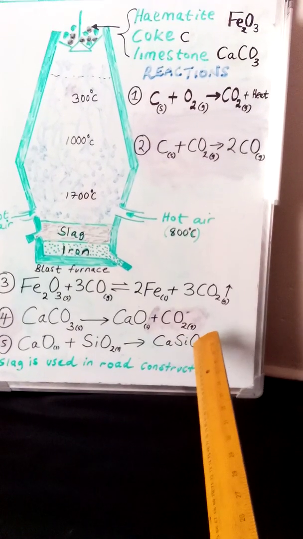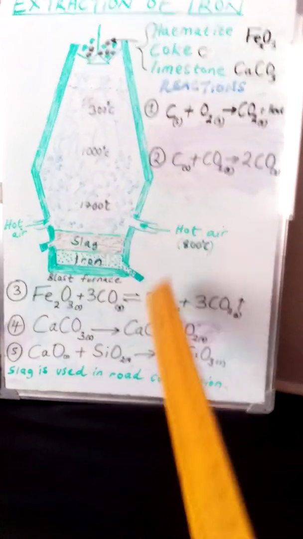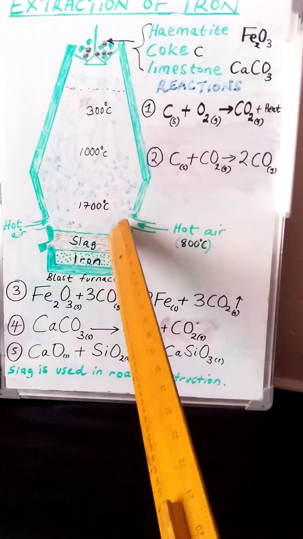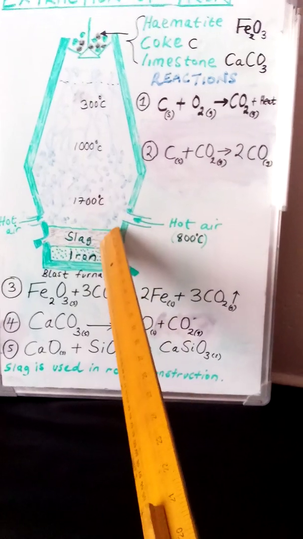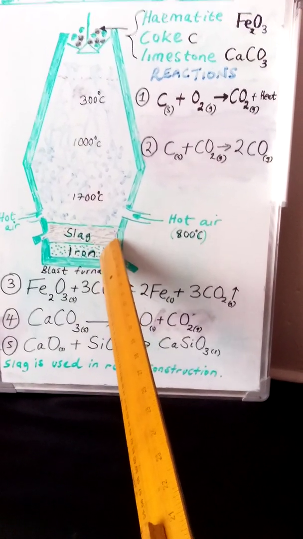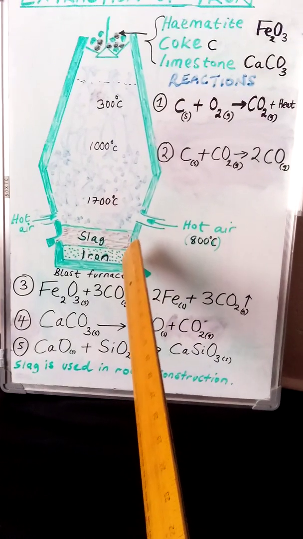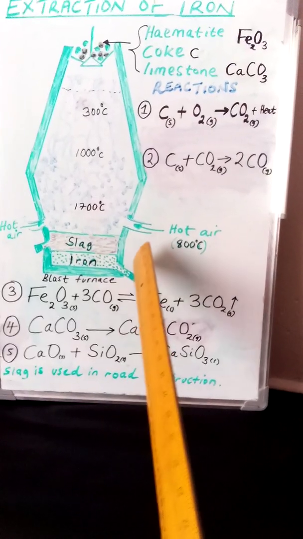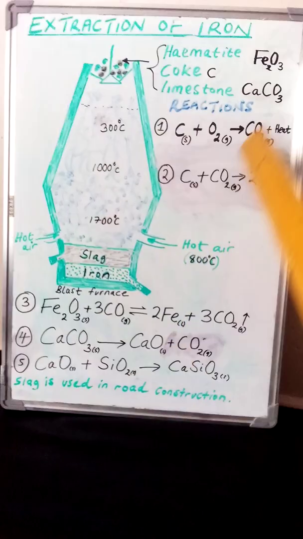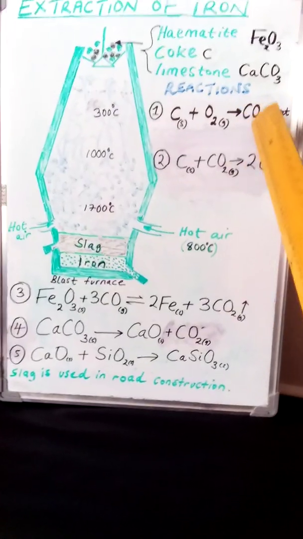This calcium silicate is simply slag. This slag is also sent at the bottom, but above the iron, which is in a liquid or molten state.